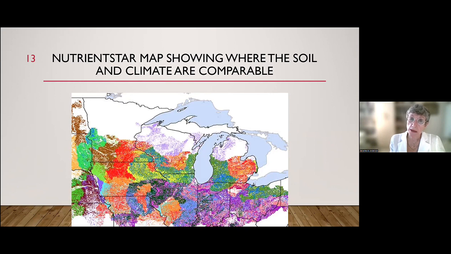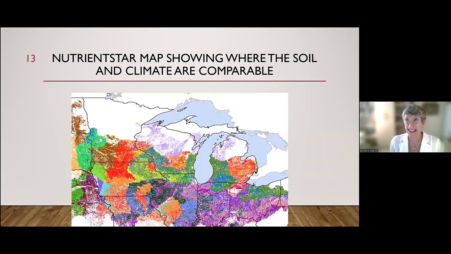For example, the same color shows that the nutrients in the soil and the climate are the same. Now, I have no idea what the different colors represent for nutrients, or even what they represent for climate. But I do know that where I am currently located, which is in Chicago, which is right here, this little white spot, we don't grow much on concrete right now.